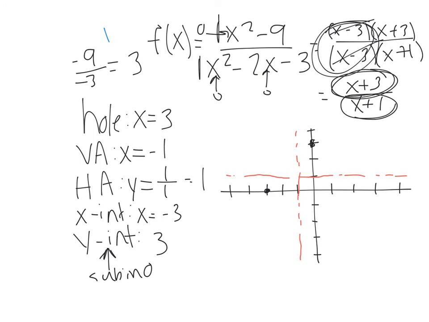With this down here, that tells me that that's kind of barricaded in there, so it's going to look like that. And then for ours up here, it's barricaded in by that one and by that one. Now, the only thing I have to keep in mind is my holes. I have a hole at x equals 3.